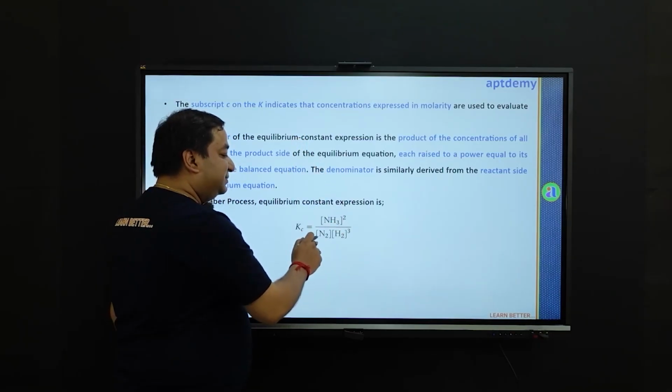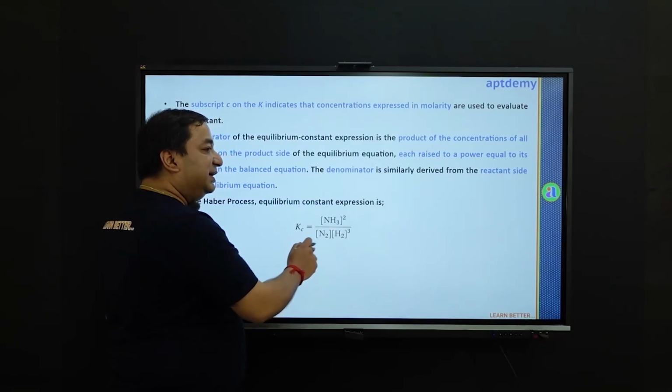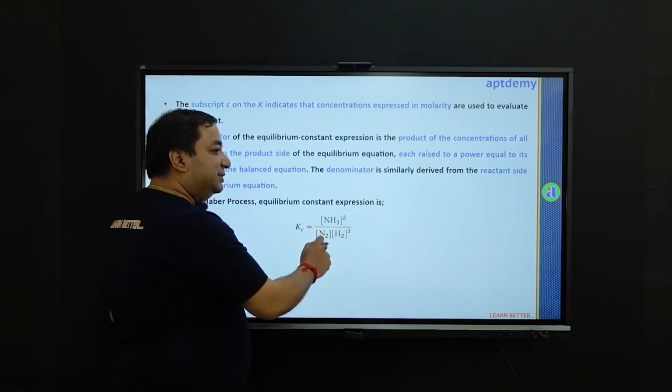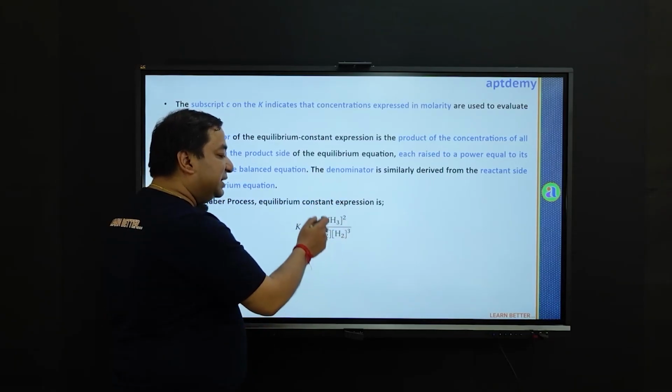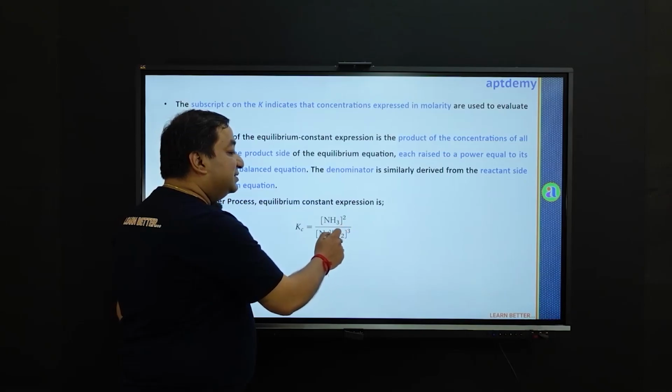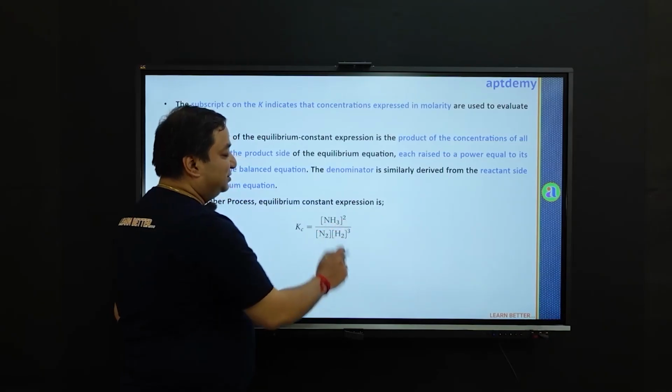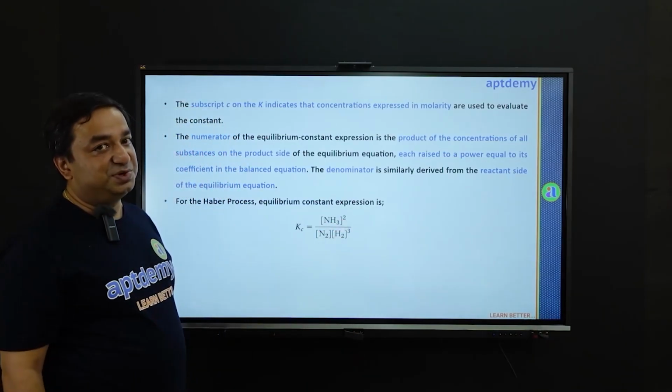Then in the denominator we will have the concentration of N2 raised to the power 1. For 1 we don't write anything, it is understood, and the concentration of hydrogen raised to the power 3, because 3 moles of H2 are involved.